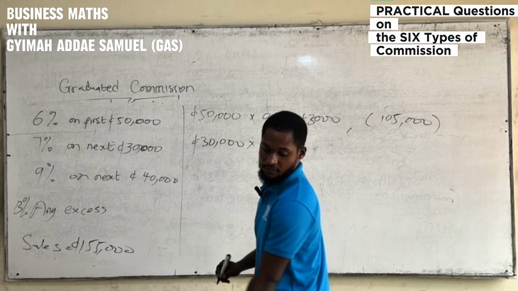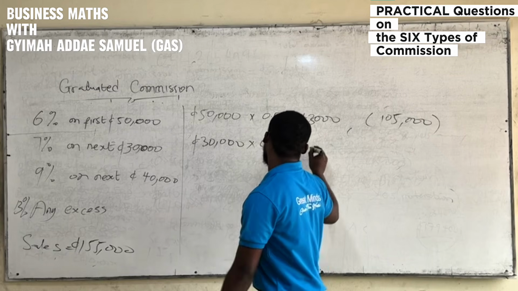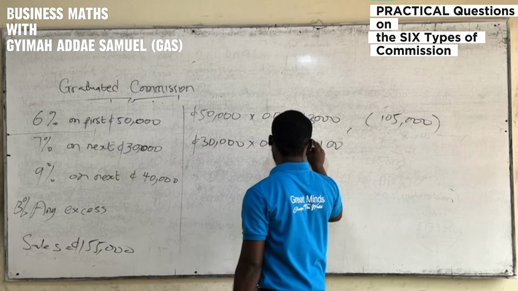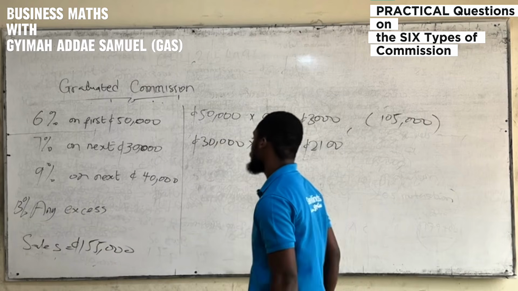You are getting 2,100 Ghana cedis, and you move on to the 9% on next 40,000.